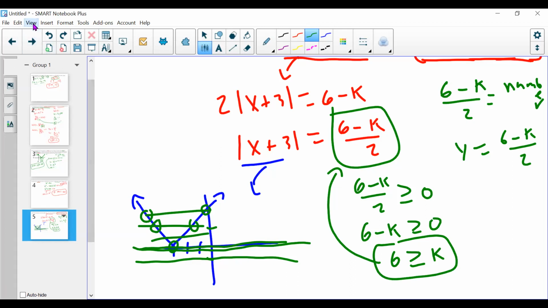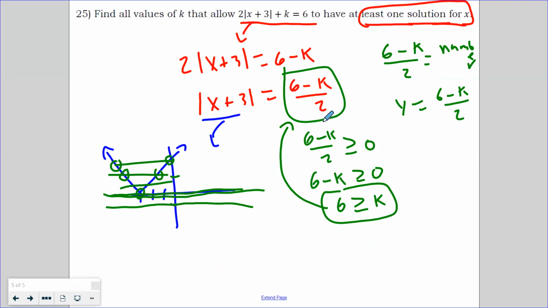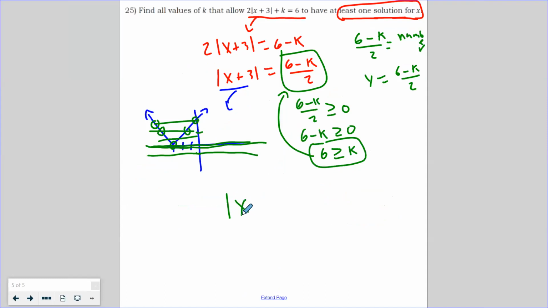You set the absolute value of x plus 3 to 0, right? I wouldn't say you set it equal to 0. It's more that you isolate it, and then you get this term right here, 6 minus k divided by 2. And this is a number, right? It's like saying I have the absolute value of x plus 3 equals, let's say, 7.